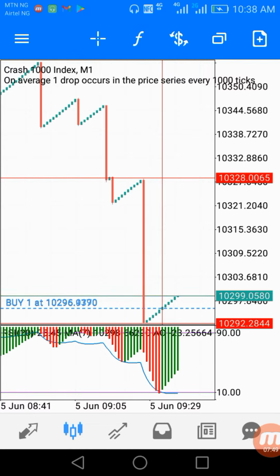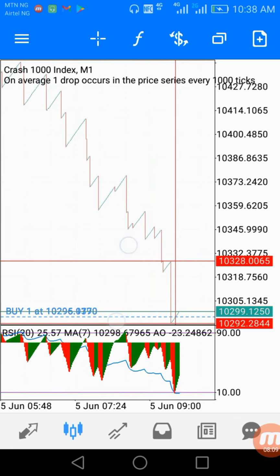Now, secondly, for this strategy, we are using the third zoom level. Many traders are still confused about zoom level. I've always said it: MT5 has 5 zoom levels on Android. This is the first zoom level. You zoom out.